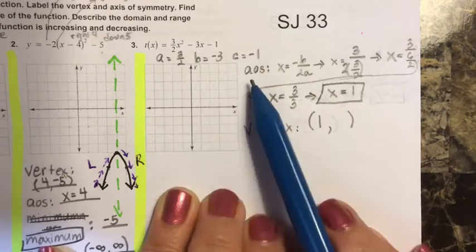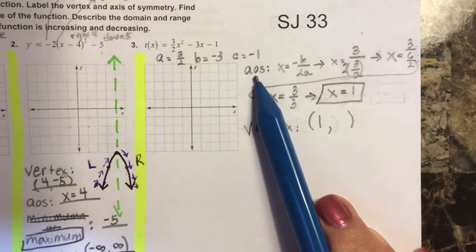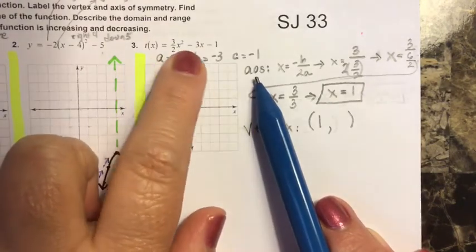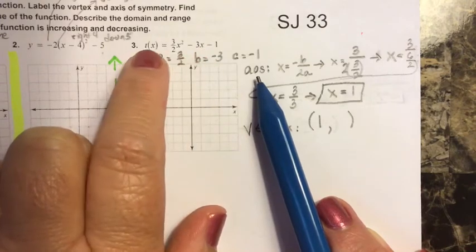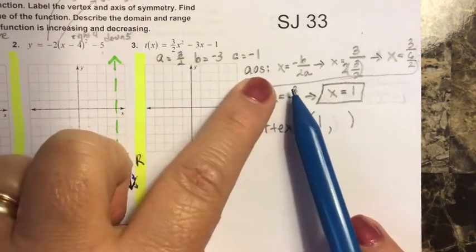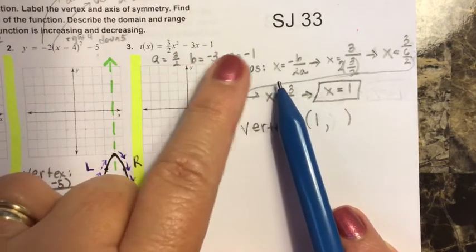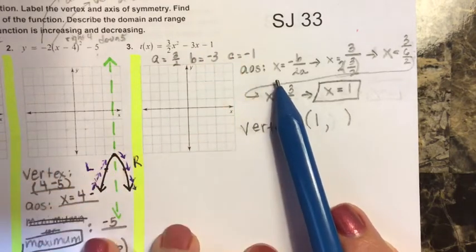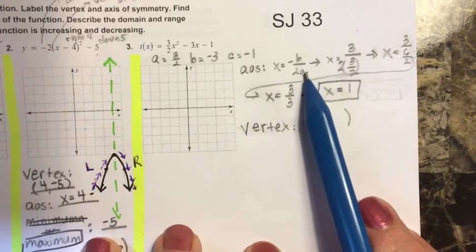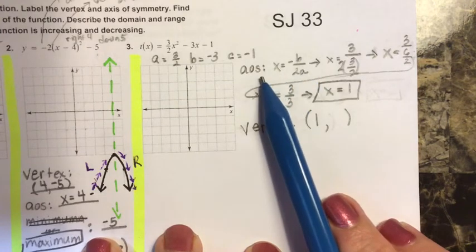The first thing I need to do when given a quadratic function in standard form is to find the axis of symmetry. I named a, b, and c. I filled b and a into the formula for the axis of symmetry.